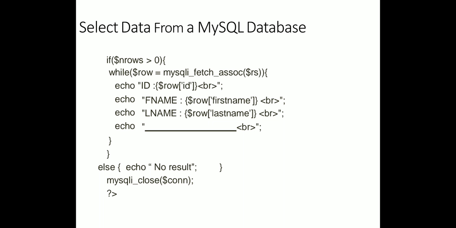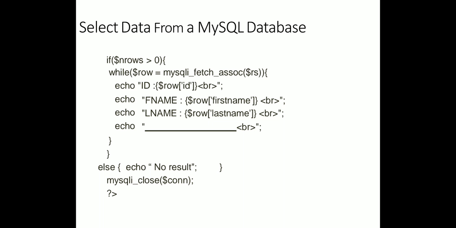Then there is one more condition defined with a while loop: while $row equals mysqli_fetch_assoc($rs). This while statement is given for fetching the associated data stored in your database.